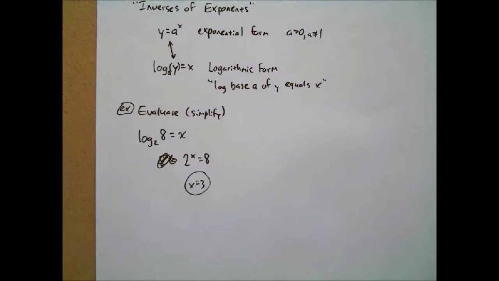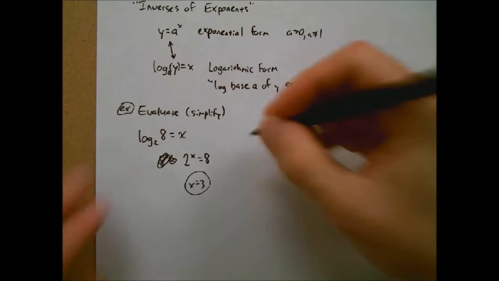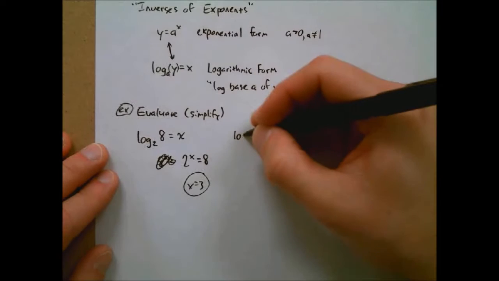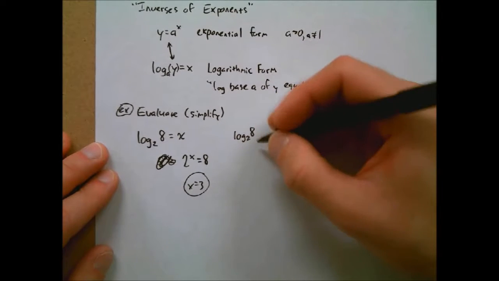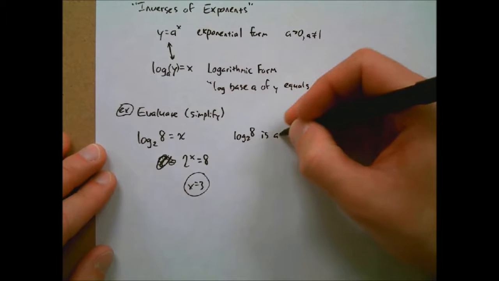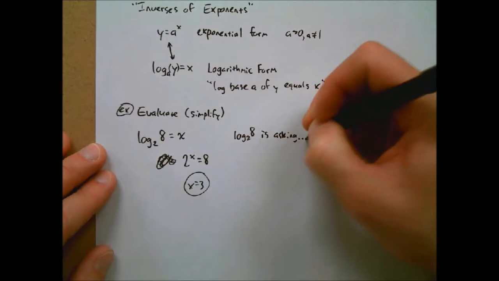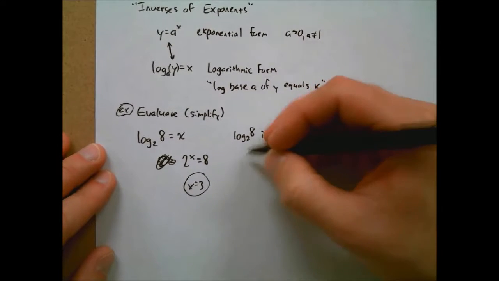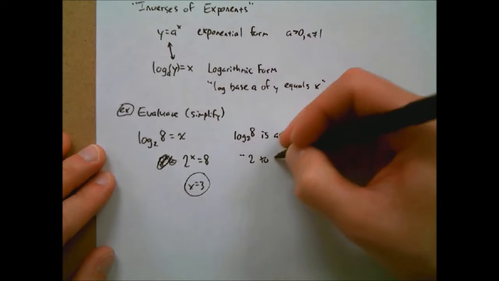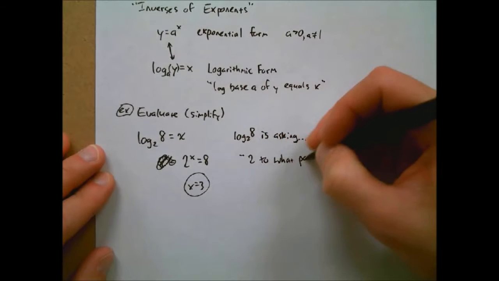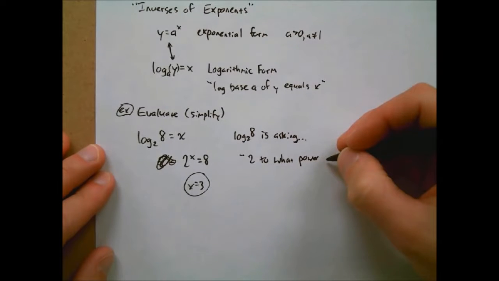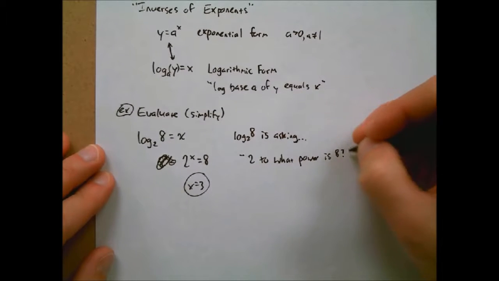Okay. And long story short, when you see log base 2 of 8, that is asking: 2 to what power is 8? Okay, that's the question you want to ask yourself.